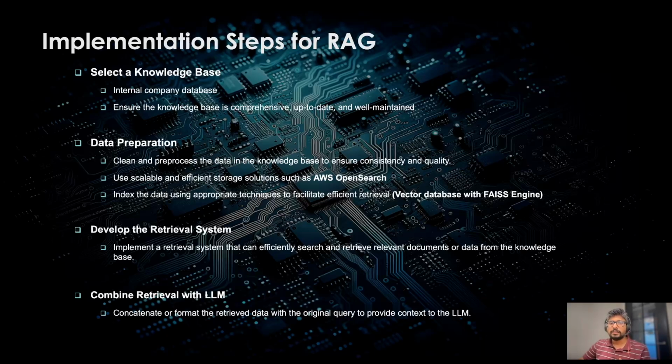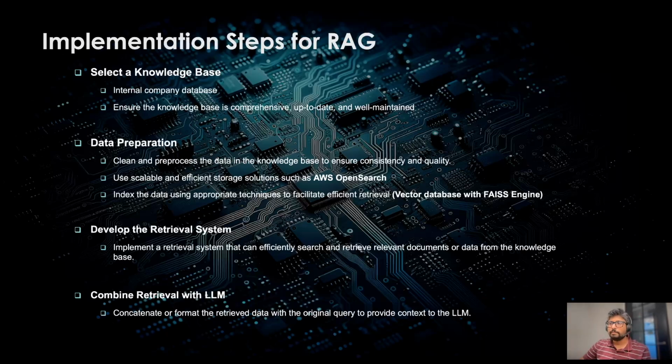Then, in order to have the knowledge base up and running, you have to index the data using appropriate techniques to facilitate efficient retrieval. The most common way of storing the information in the RAG or knowledge base is storing the embeddings in a vector database.